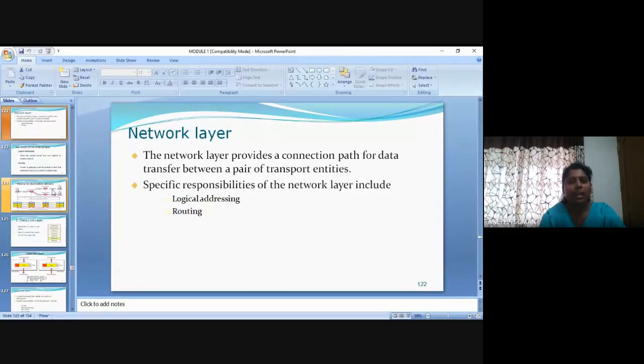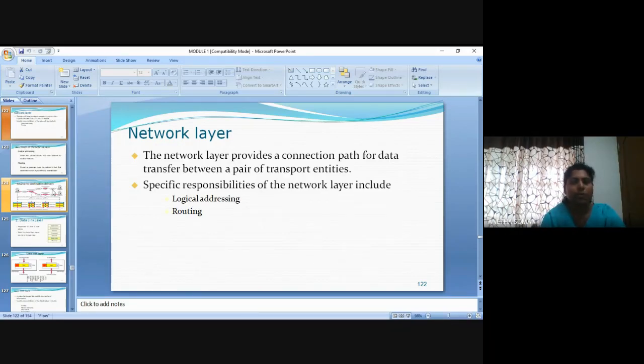Now, the second function of the network layer is routing. What is routing? Routing means moving the data from the source host to the destination host. Other than this, you also have path determination. You can have many paths to reach the destination. Path determination means selecting the best possible path to reach the destination.